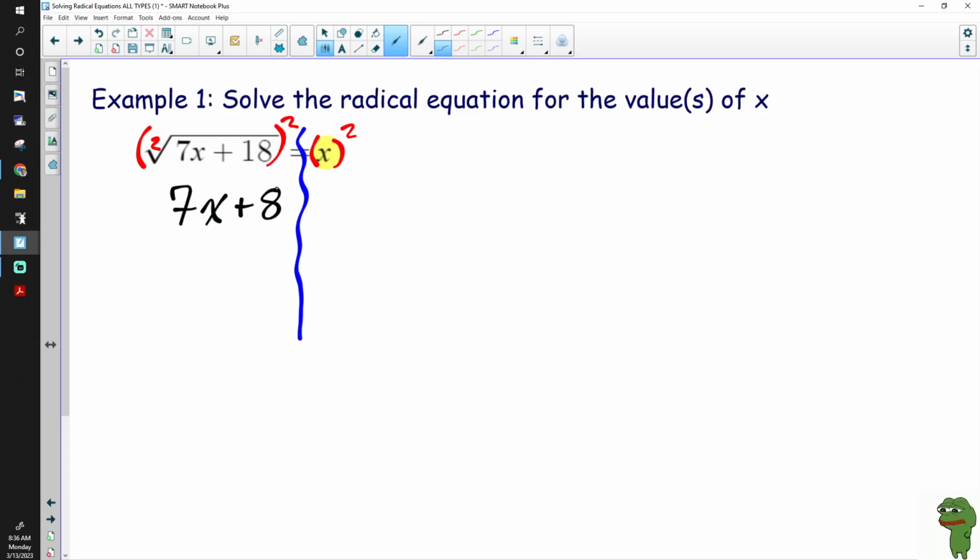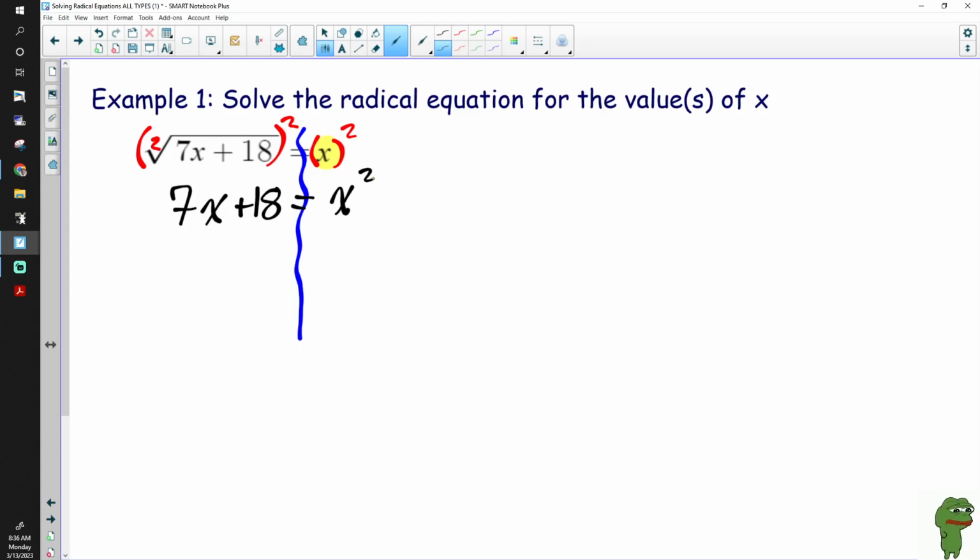7x plus 18, thank you. Just ignore the 1. Okay, and this is going to be equal to, well, x to the power of 2 is just x squared. And now we have an equation that has not only an x in it, but also an x squared.